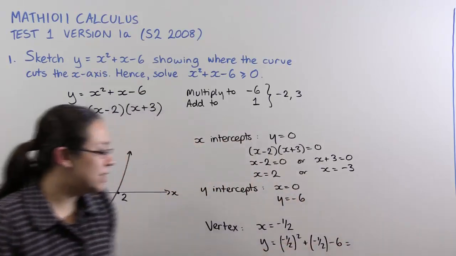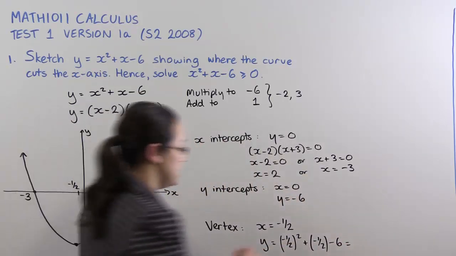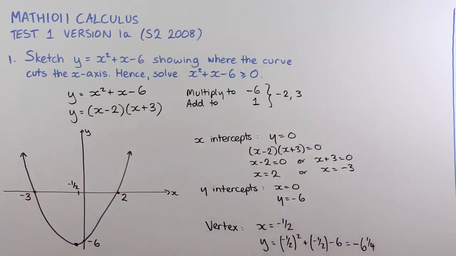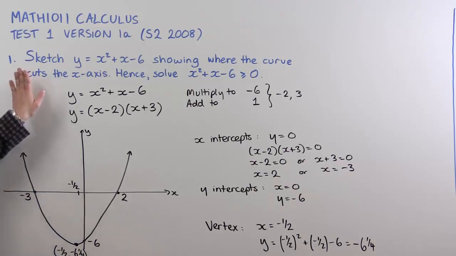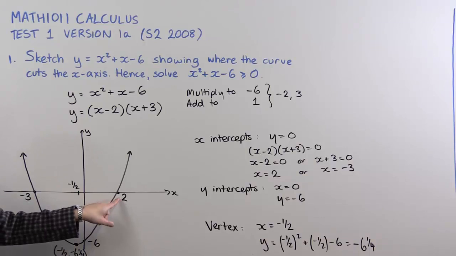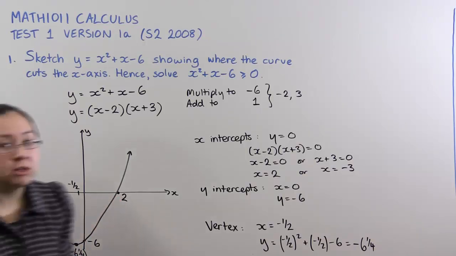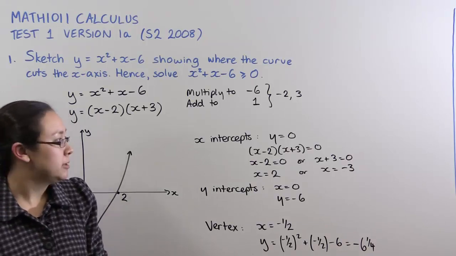That's a quarter minus a half is minus a quarter. Minus 6 is minus 6 and a quarter. Okay, so this point down here, it actually drops to minus 6 and a quarter. So you can see it goes slightly below where that y-intercept is. So we've sketched that parabola, and in particular we've shown where it cuts the x-axis, but moreover we've shown the y-intercept and the vertex, which generally you should show if you're sketching your parabola.